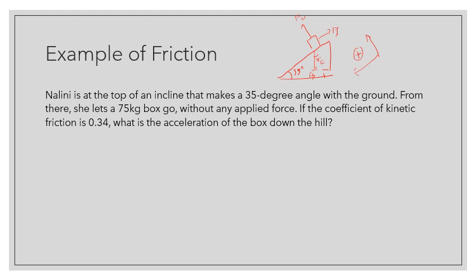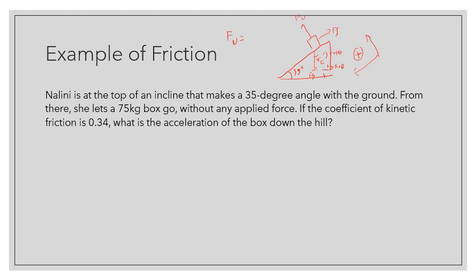So we know that the normal force is equal to the component of gravity that is in the same plane as itself, so Fg cos of theta, and the other component is Fg sine of theta.